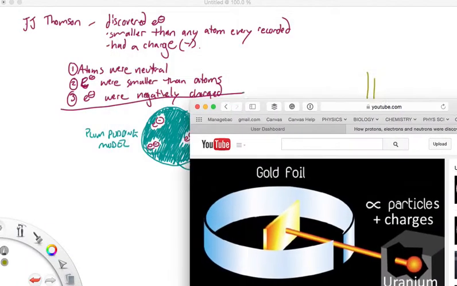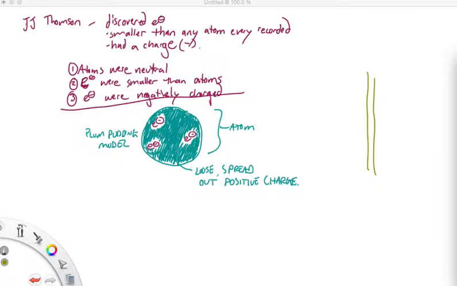And what Rutherford thought would happen was that if you shoot alpha particles, which are positive particles, at this gold foil, at these kinds of atoms, the positive particles will not be repelled by this positive charge, because this is a very loose, diffuse positive charge.